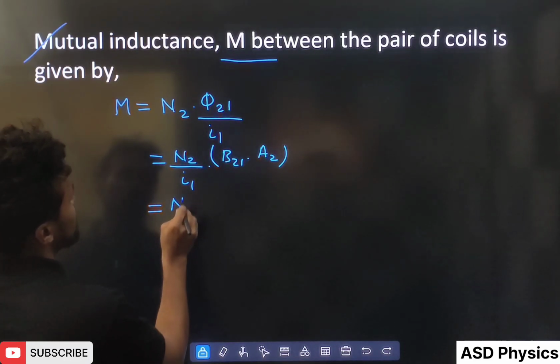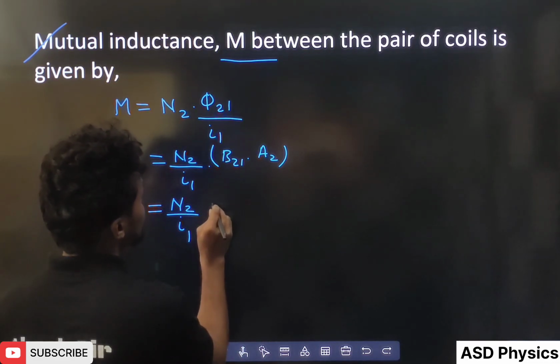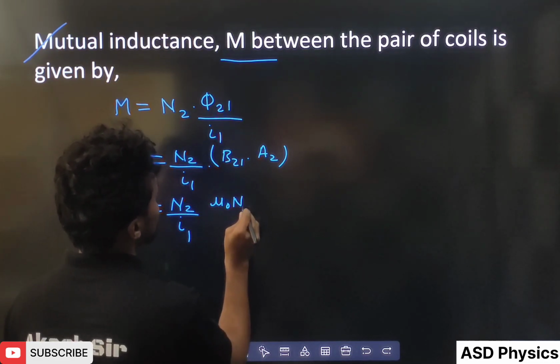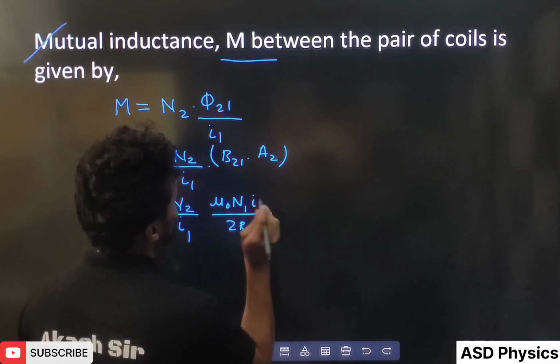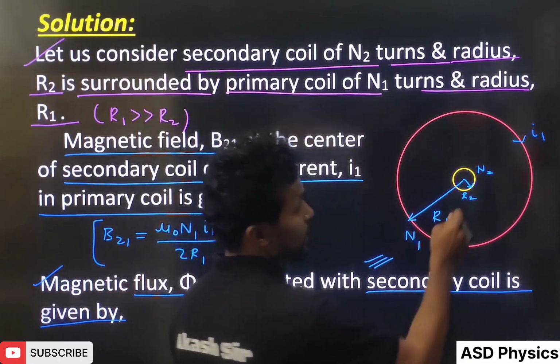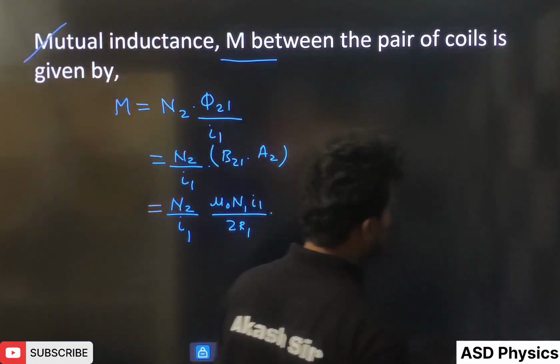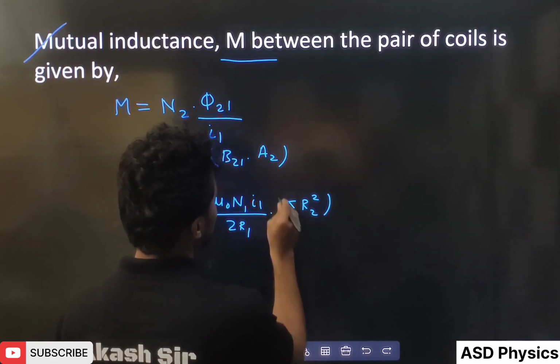Next one please. N2 by I1, and what is B21 students? Mu naught N1 I1 by 2R1 into A2. What is the A2? Area of the secondary coil. Radius how much? R2. So area will be how much here? Circular coil, so what will happen here? Pi R2 square.